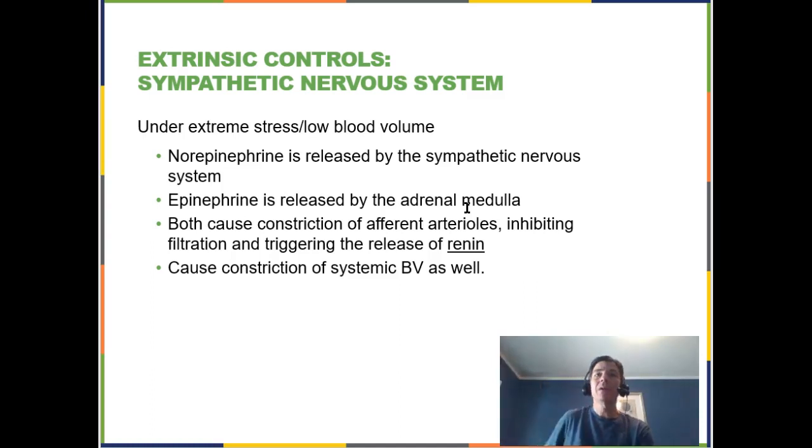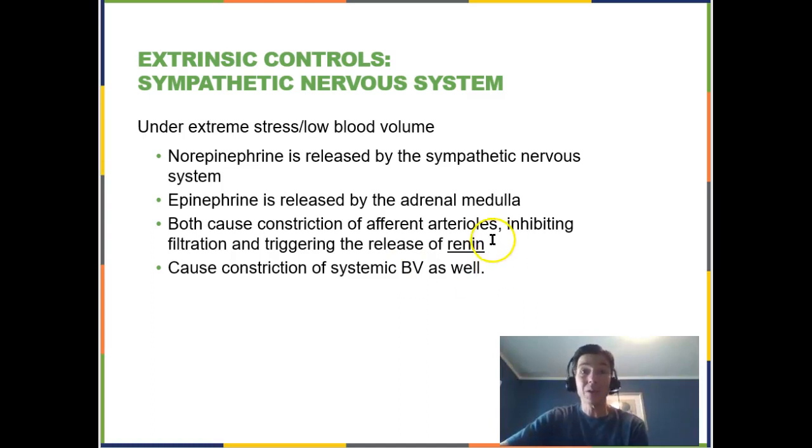Your sympathetic nervous system can also get in the game. So under conditions of physical stress or low blood pressure, or even psychological stress, I should say, your sympathetic nervous system can release epinephrine and norepinephrine, which is going to cause systemic constriction of your blood vessels, bringing your blood pressure back up.